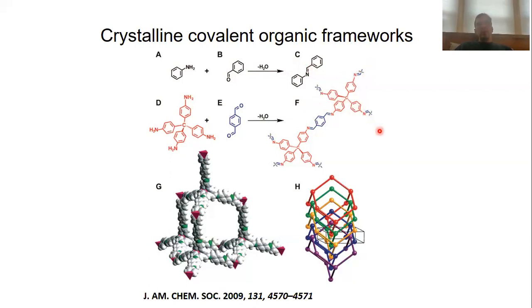Okay, now when you essentially interconnect a tetrahedral building unit with a linear unit, then the most simple structure that you can form is a diamond structure. Okay, because remember, in diamond we have carbon atoms, which have an sp3 hybridization, which are just directly interconnected with other carbon atoms that also have an sp3 hybridization and are tetrahedrally surrounded.